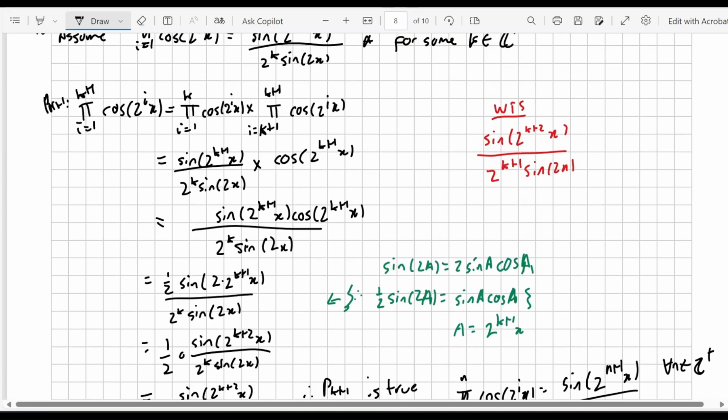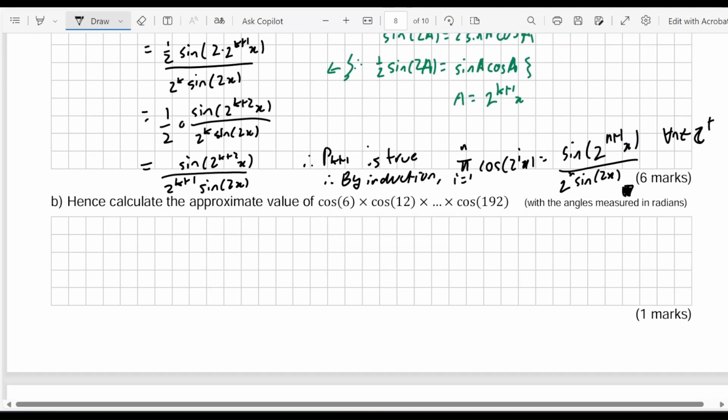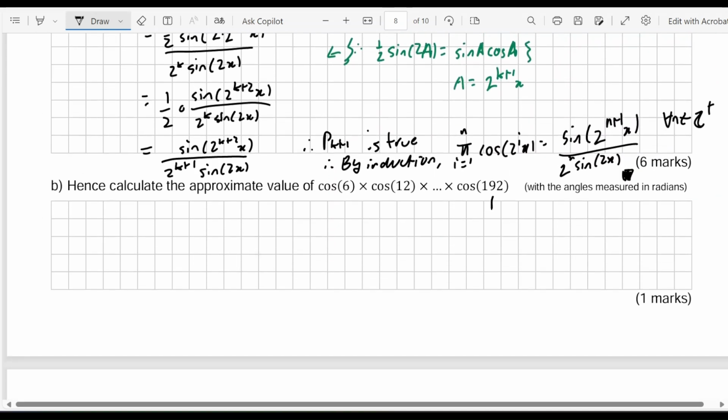So really you've just got to figure out what our x and the final n value should be. This will be 2^n x here. And then this one here, unless I've done that cheeky trick where I've lopped off the first value, will be 2^1 times x. So that would imply that x is 3.